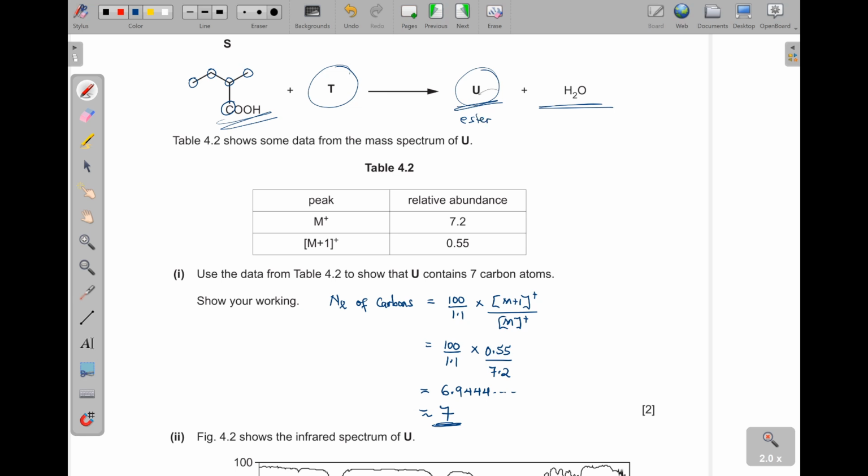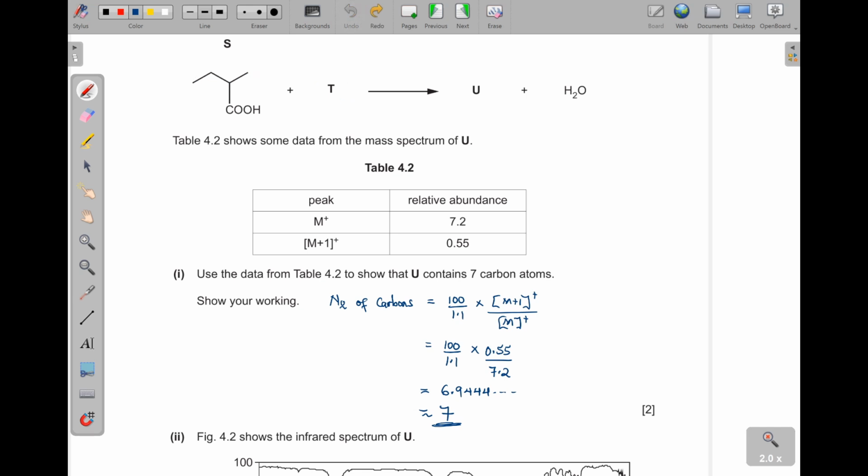This looks like an ester because, and of course this one has to be an alcohol. Because when you react a carboxylic acid with an alcohol, you get an ester and then water. It's a condensation reaction. So therefore, since these ones are 5, then this one should be having 2. In other words, that is ethanol.